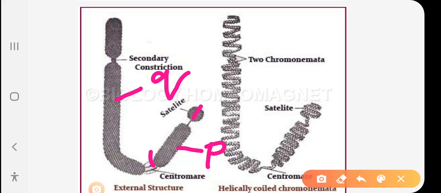Centromere. Okay, so the holocentric centromere, and acentric, monocentric, polycentric, holocentric, right? So based on the number of centromeres, these are the chromosome types.